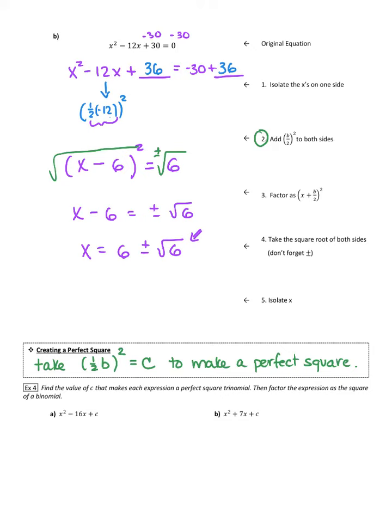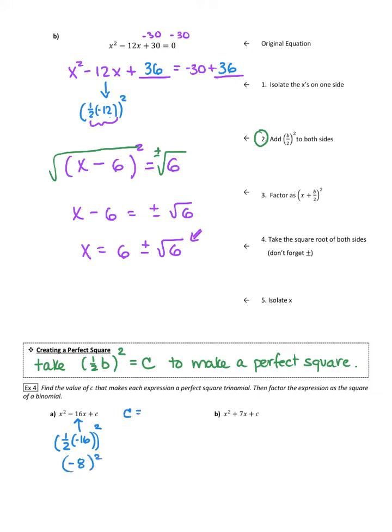So here's my first example. Here's my b term. So what we're going to do is we're going to take half of the -16 and square it. Now remember, when you square something, it all goes positive. So it's really half of -16 is a -8. -8 squared is 64.